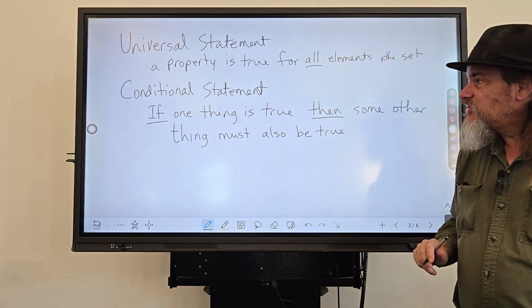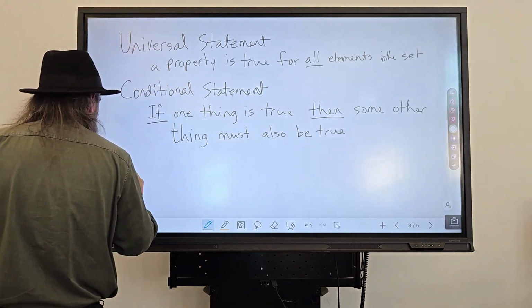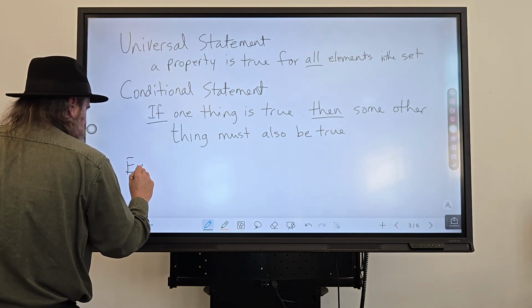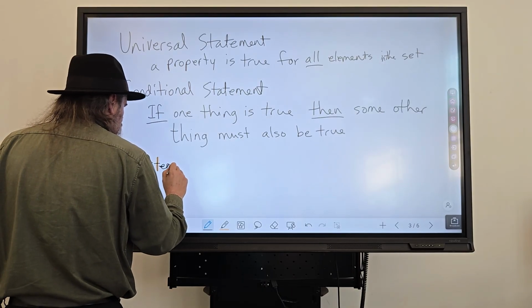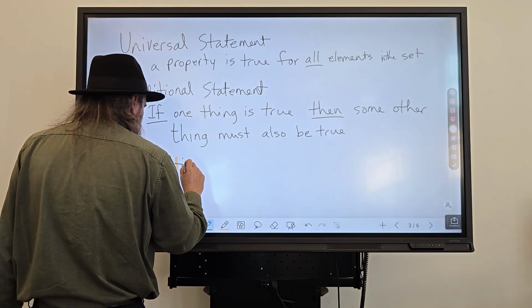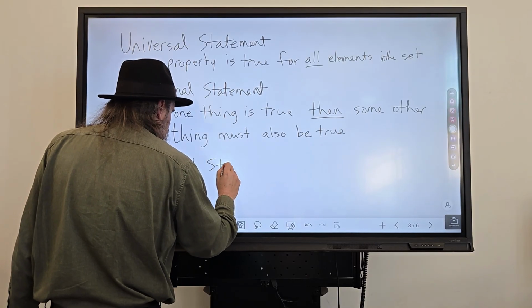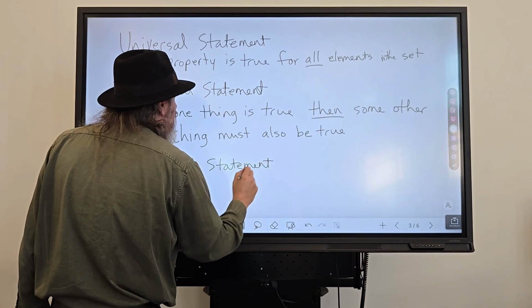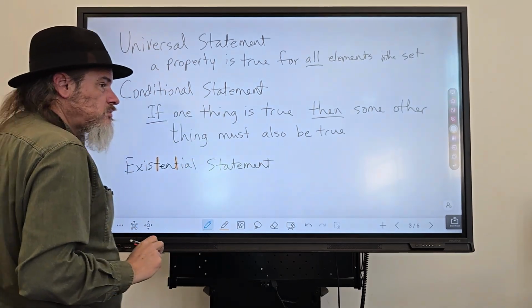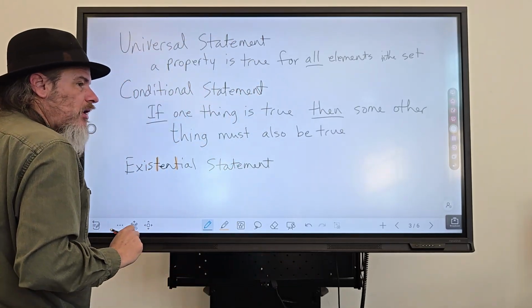Finally, you have the existential statement. Okay? That means that there is at least one thing for which the property is true.